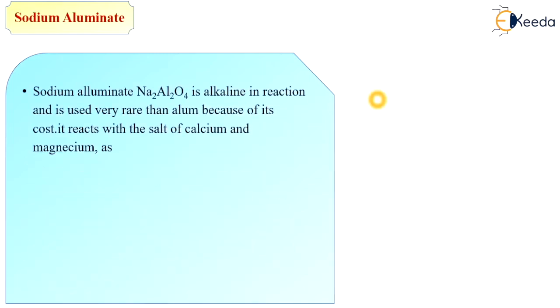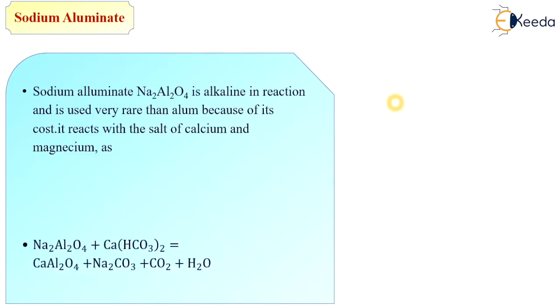Next is sodium aluminate. This is also one of the effective coagulants in water treatment. The formula of sodium aluminate is Na2Al2O4. It is alkaline in reaction and is used much more rarely than alum because of its cost. It reacts with the salts of calcium and magnesium.